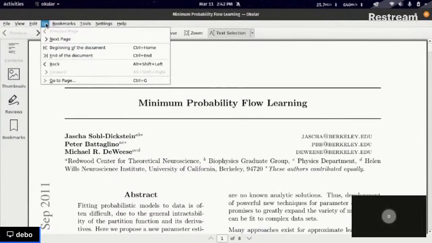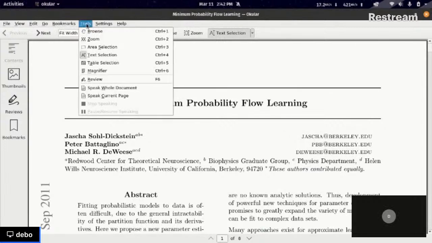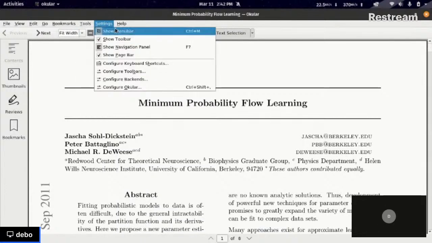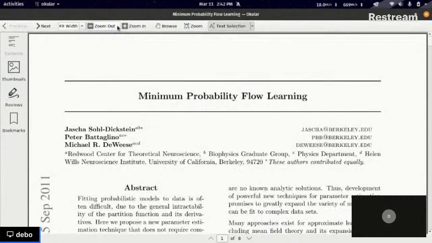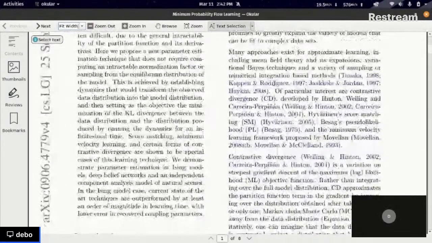Somehow I think the highlighter tool is not present. Maybe that's the reason. Okay, but let's see what it wants to say.